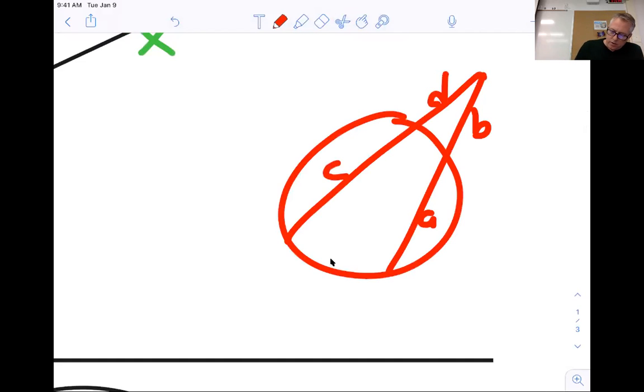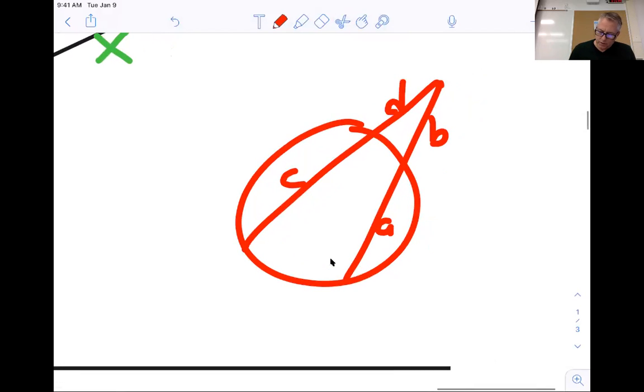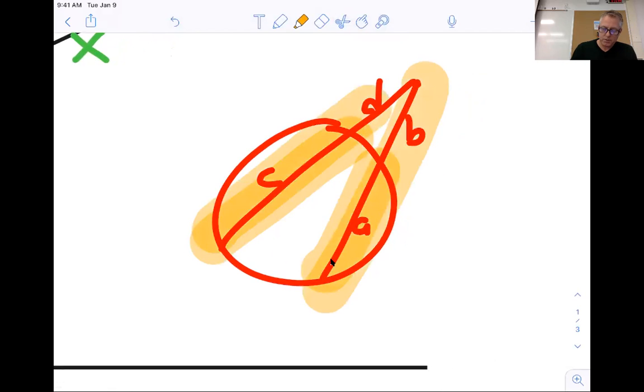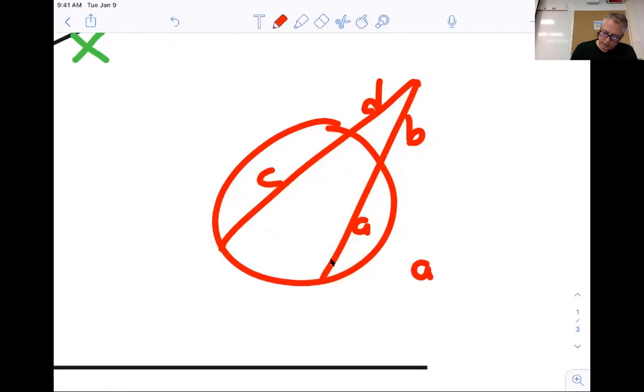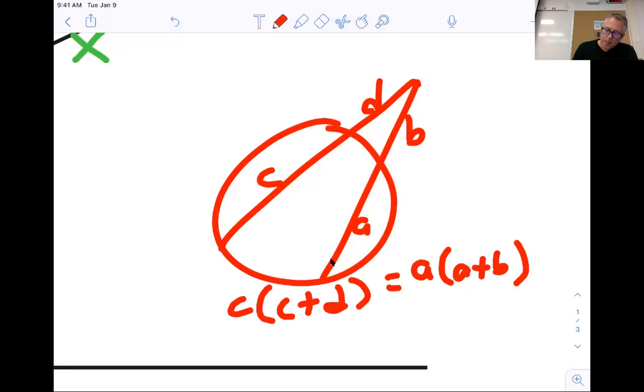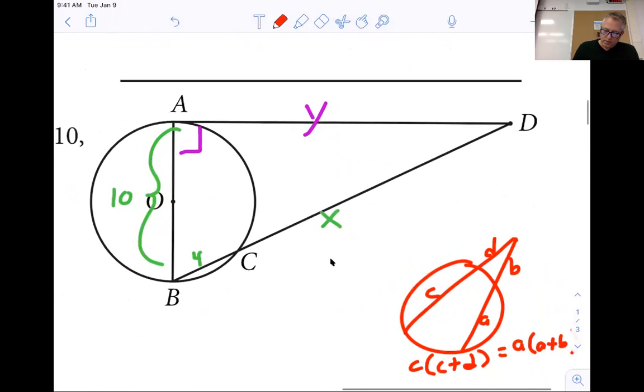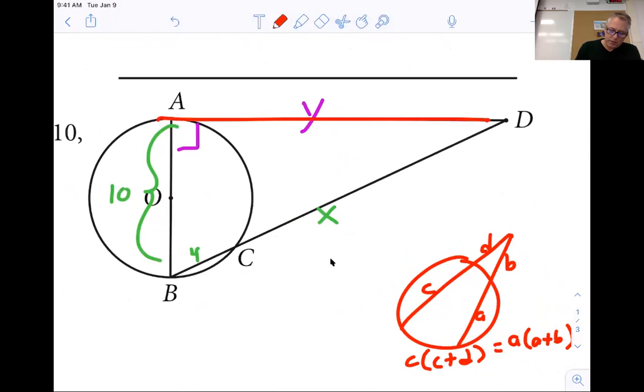I'm sorry, I said that wrong, my mistake. It's A times A plus B is equal to C times C plus D. That rule applied here is the same idea, except that's not a secant, it's a tangent.